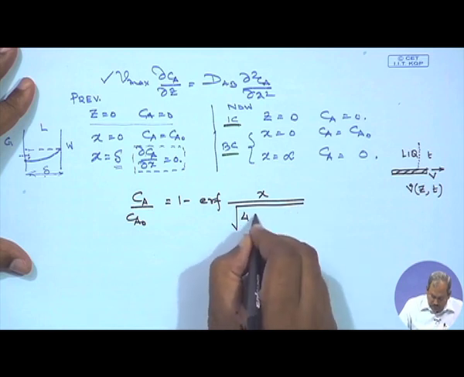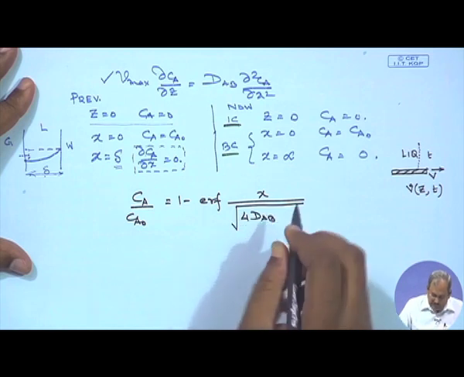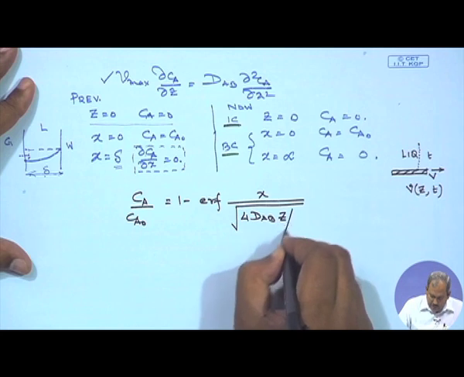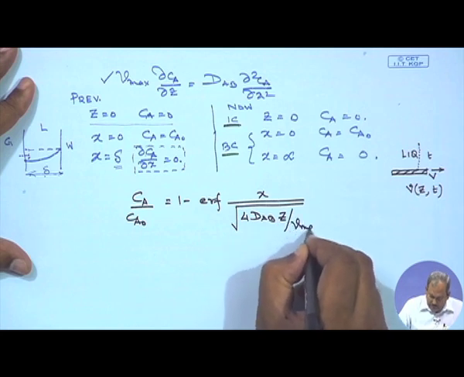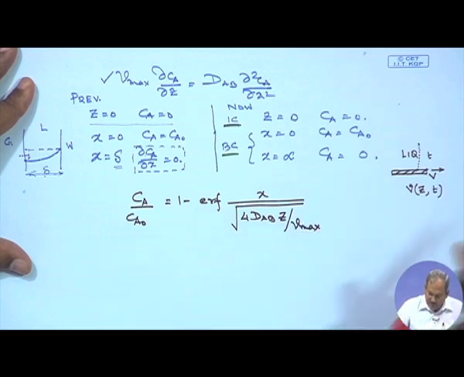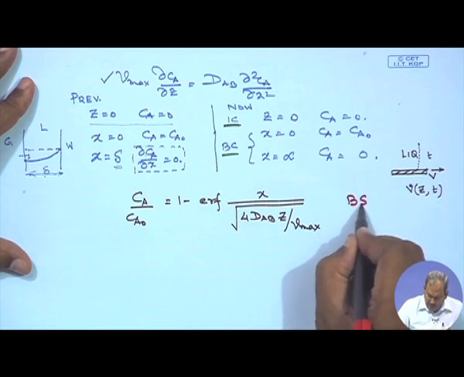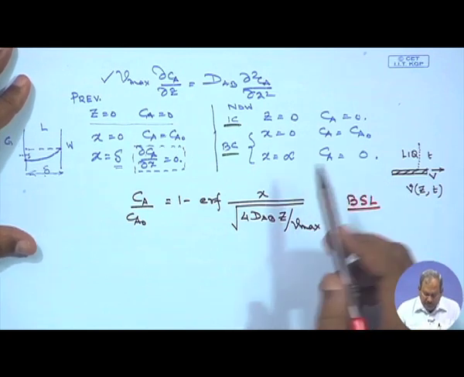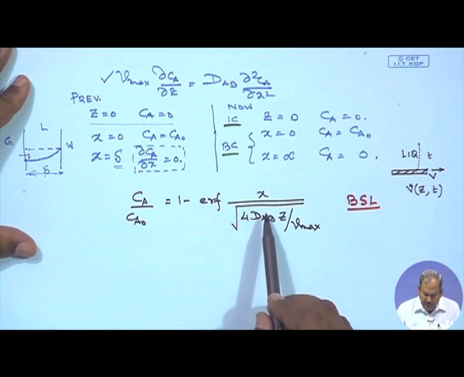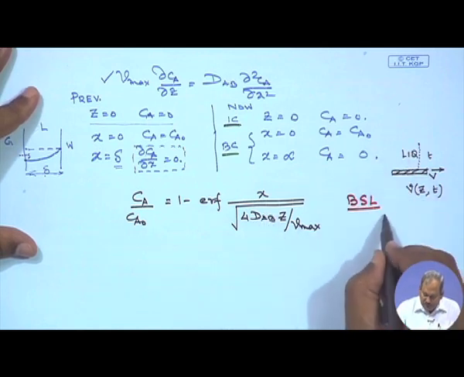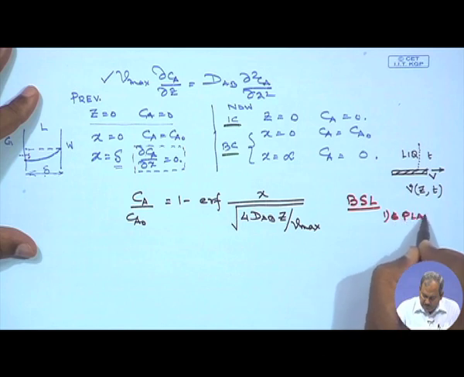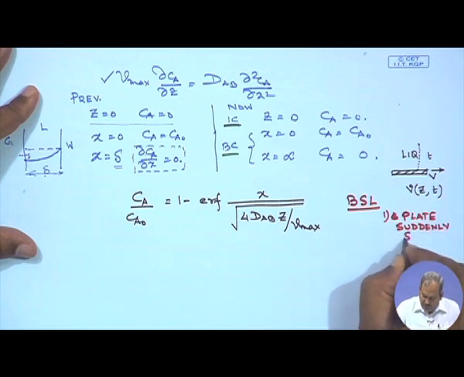but you can once again check how it is done by looking at your textbook, which is Bird, Stewart and Lightfoot. So, the type of situations which would give you error function solutions are when a plate is set in motion.